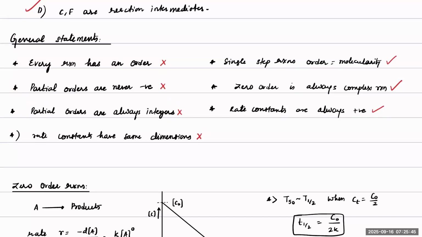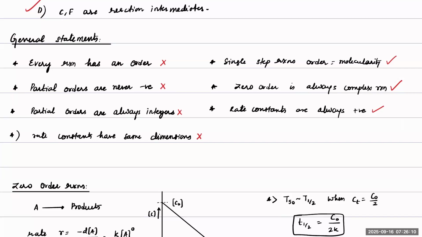What does partial order mean? Order with respect to one reactant. Clear? Can they be negative or not? Yes, they can be negative. Earlier we got O2 raised to the power of minus 1. Partial orders are always integers. Is it necessary? No, it can be a fraction also.